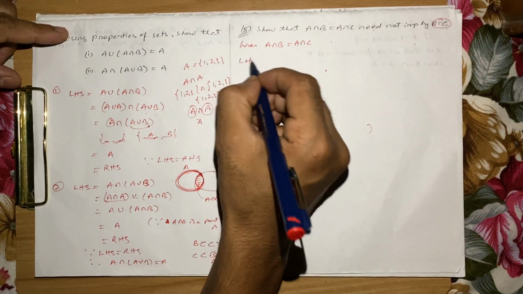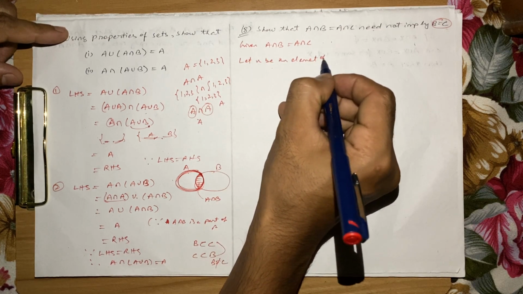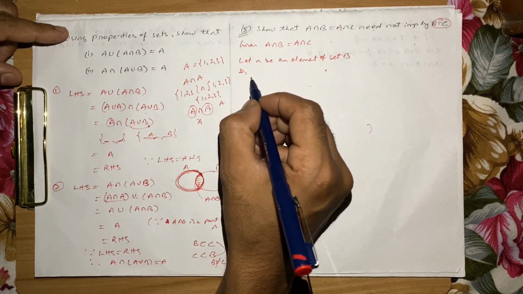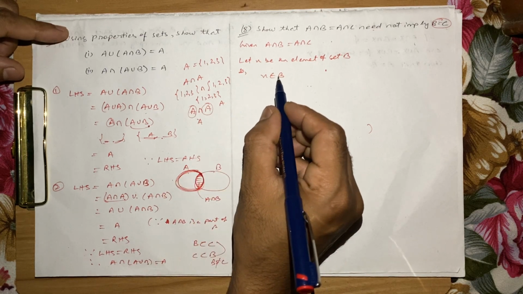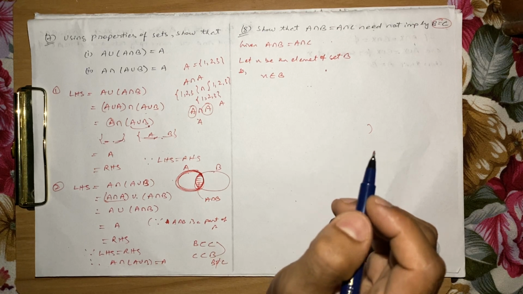Let X be an element of set B. So X belongs to B, right? Now if X belongs to the set B, what can I say about the set A?